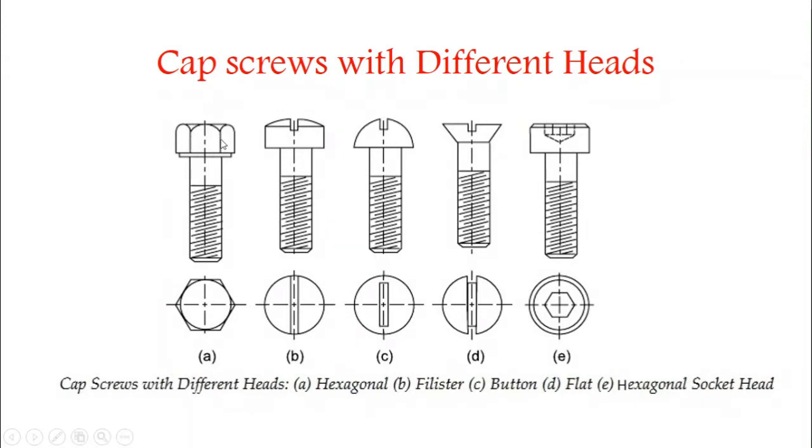In the head, making the socket, which is used to tighten by wrench, that means already you may know, the Allen key is used for this purpose. It belongs to the second category.